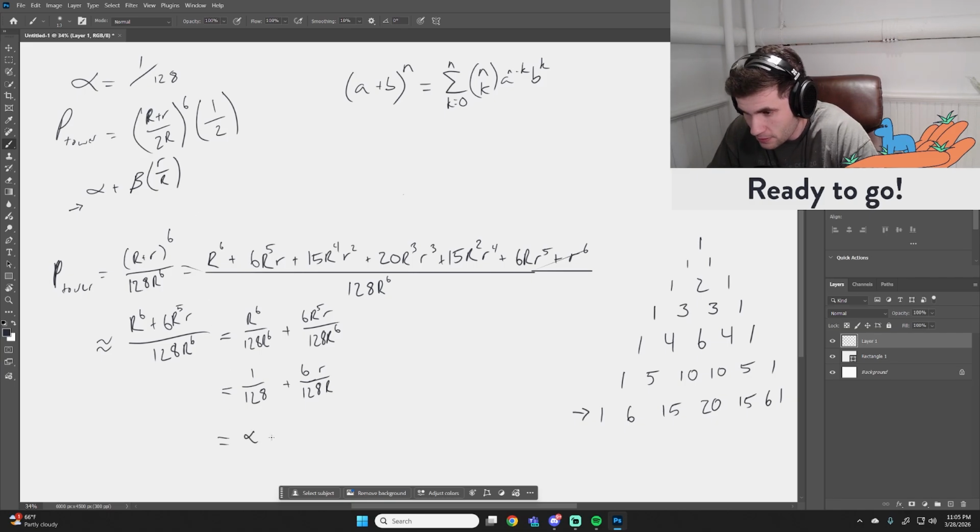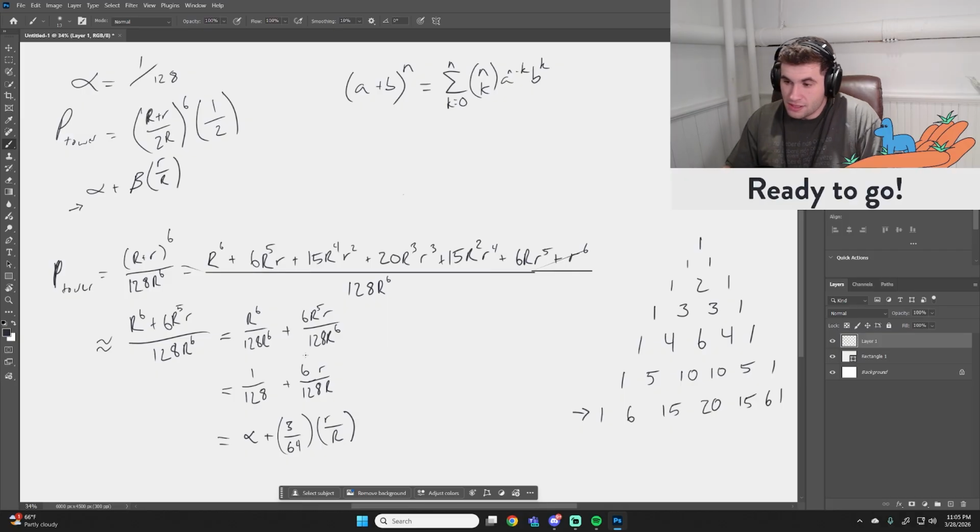So let's just write alpha plus the coefficient is 6 over 128, which is 3/64 times little r over big R. And you'll notice this is quite similar to the form that we're looking for, alpha plus beta times little r over big R. We have alpha plus 3/64 times little r over big R. So we know that what they're looking for is beta equals 3/64.